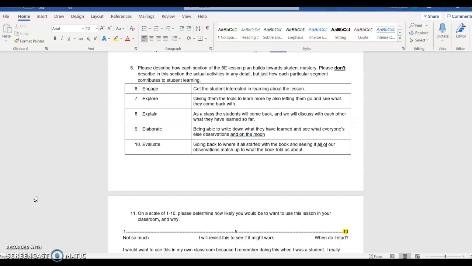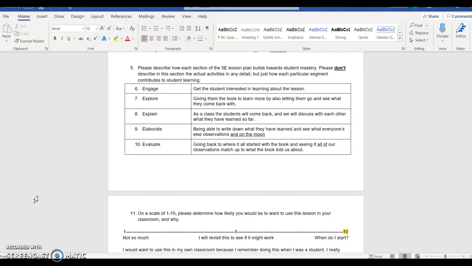Explain is where the students come back and discuss with one another and see what they've learned so far and see if everything matches up. Elaborate is beginning to be able to write down what they've learned and seeing the different observations that everyone's done on the moon. Evaluate is basically checking their work.